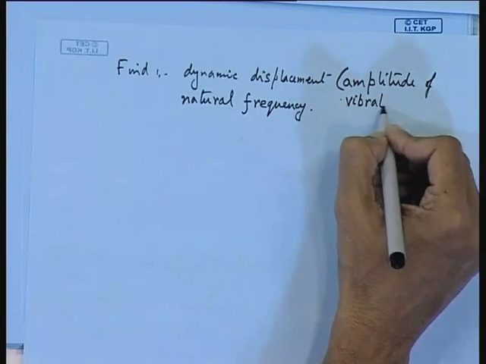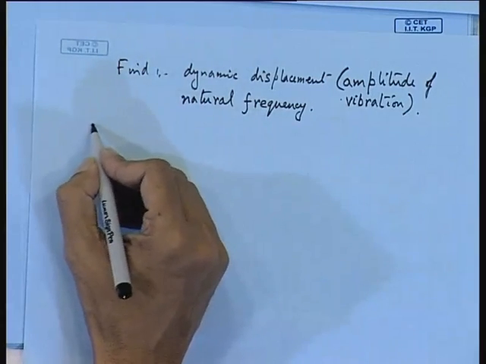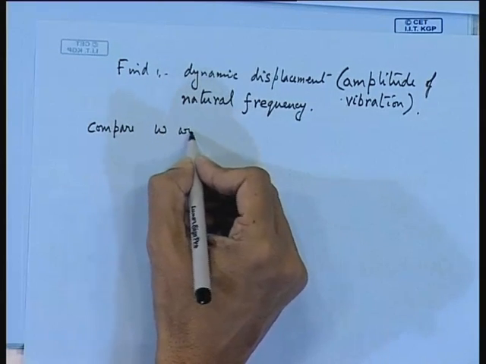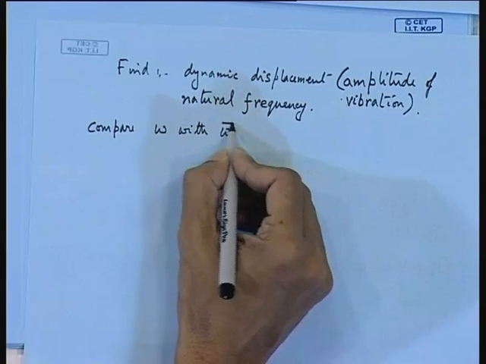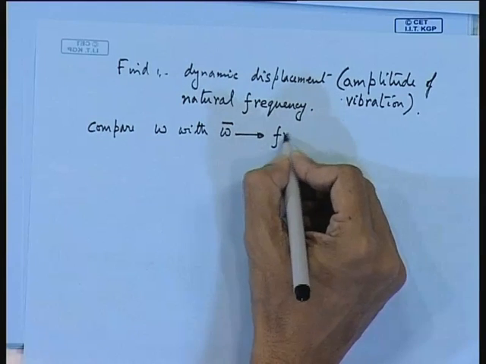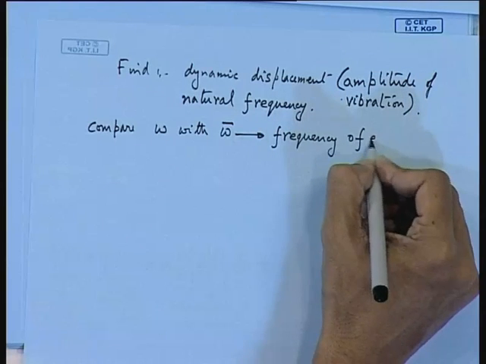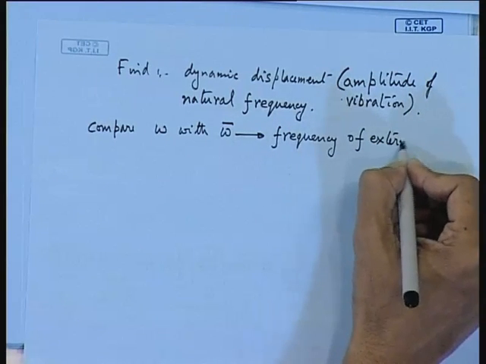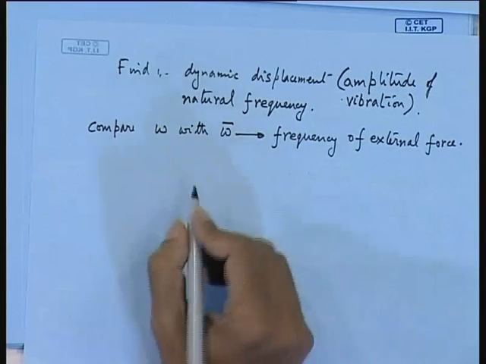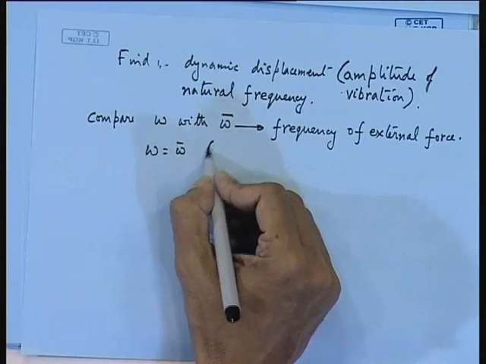Now, why you are finding out the frequency? Compare omega with omega prime. So, this is coming from the frequency of the external force. Now, when this omega becomes equal to omega prime, then resonance will occur.